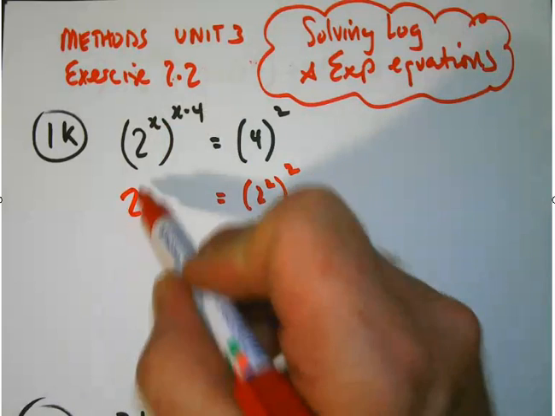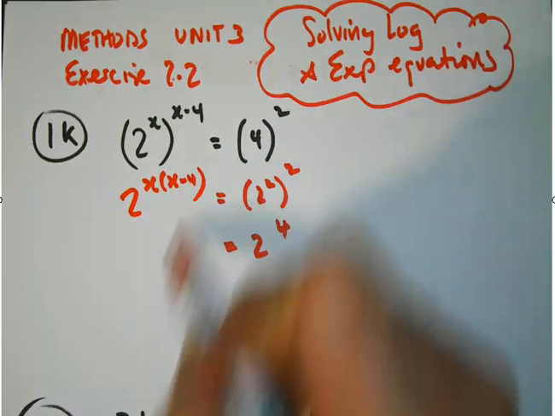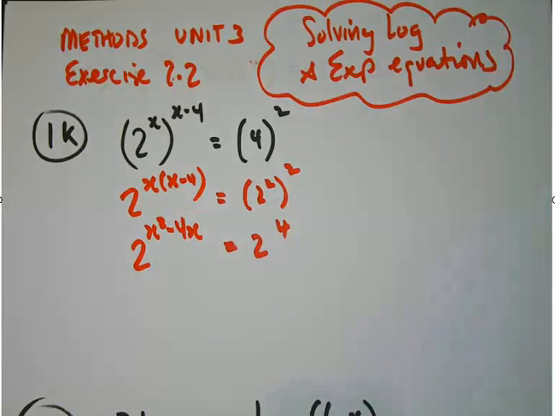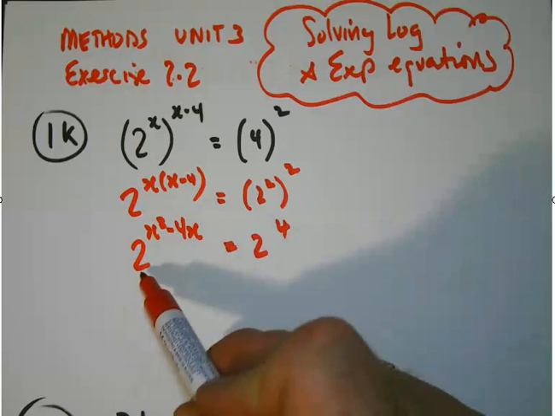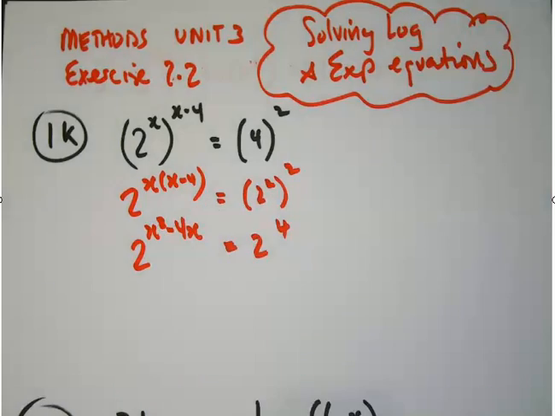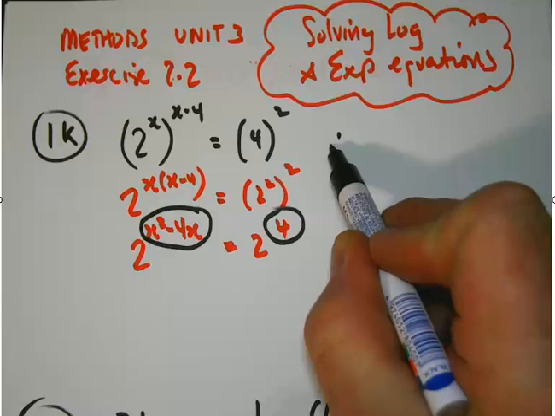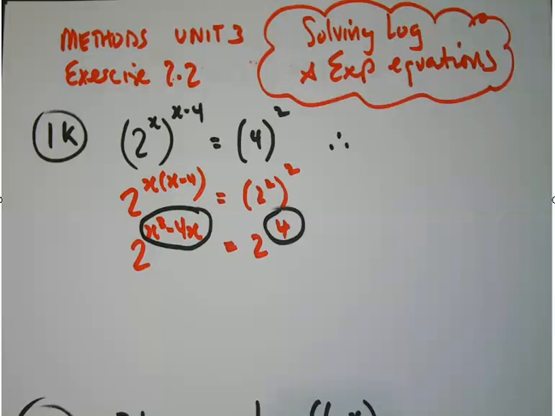That's 2 to the x times (x minus 4), which is 2 to the x squared minus 4x. Now my left hand side is base 2 to an index. My right hand side is base 2 to an index. Therefore, these indices must be equal by equating indices.